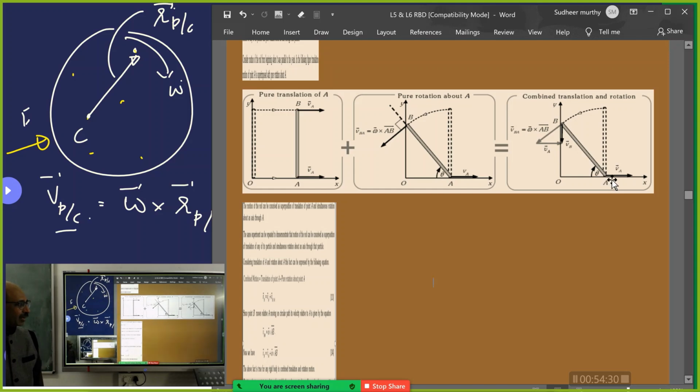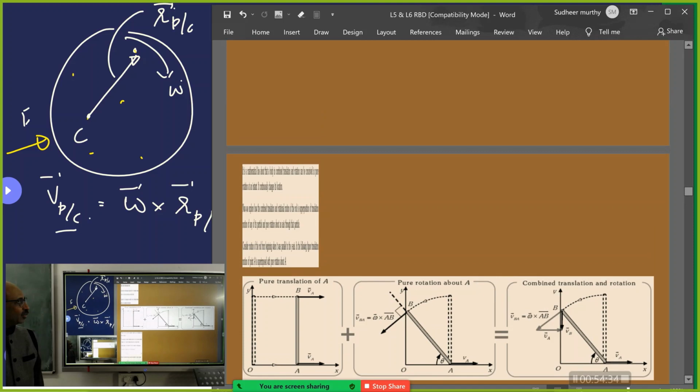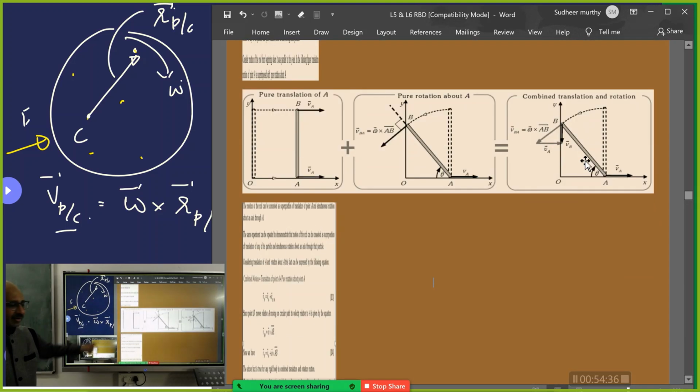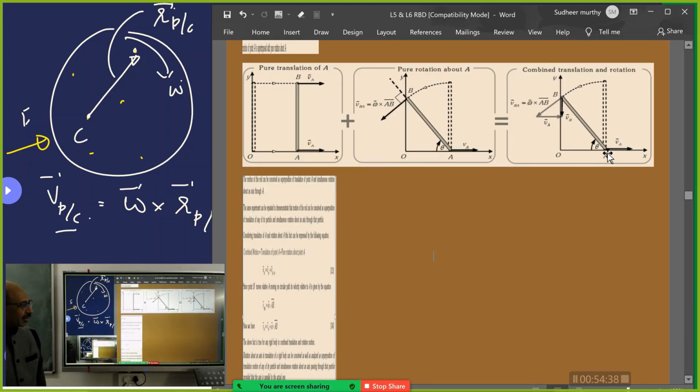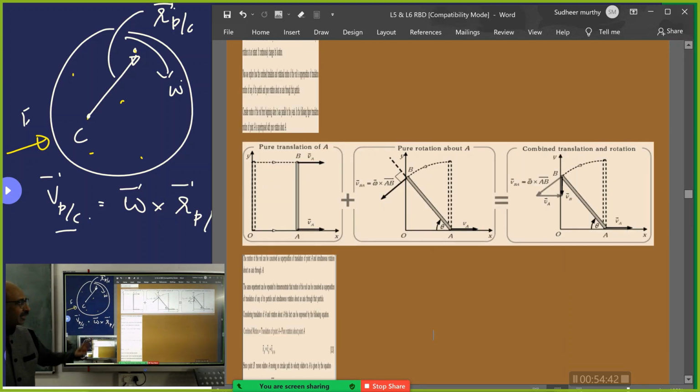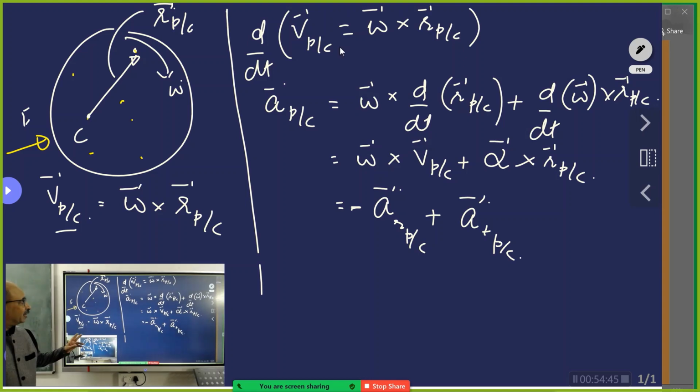Now, what we can do is use whatever we did previously. What did we do in the previous case? In our case now, this particle P happens to be the particle B, and this particle is the A particle.